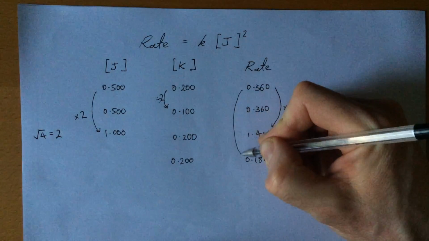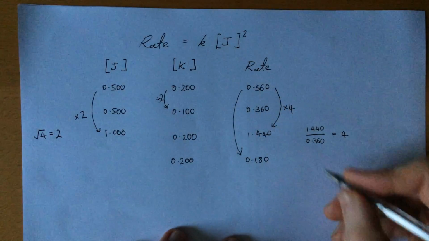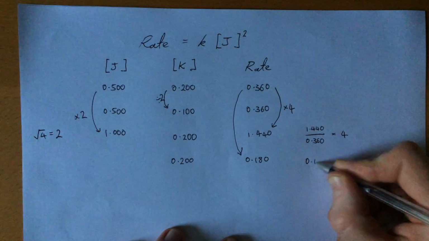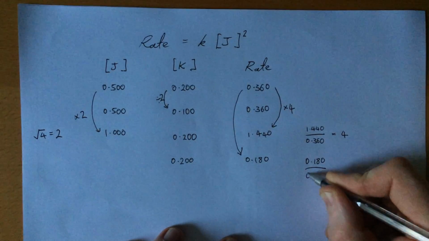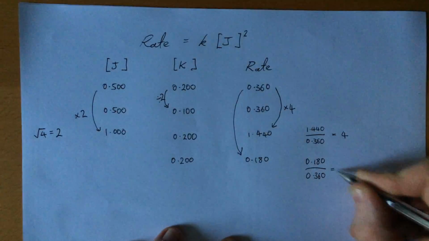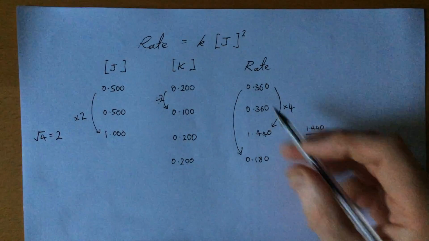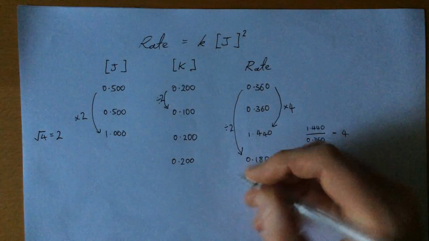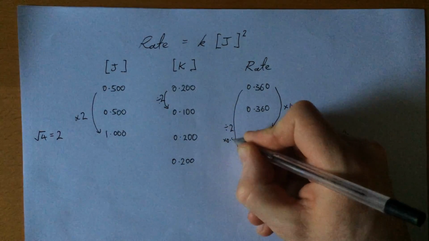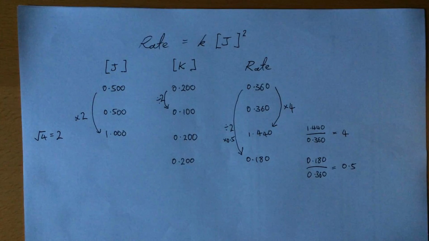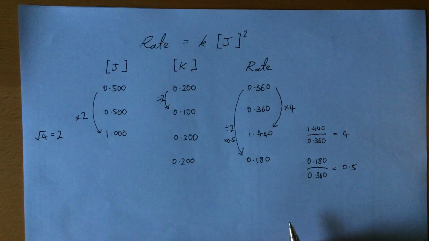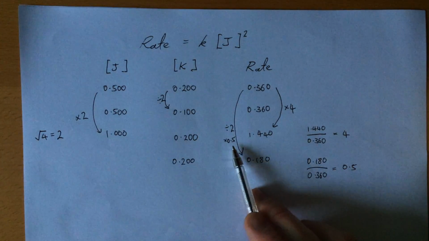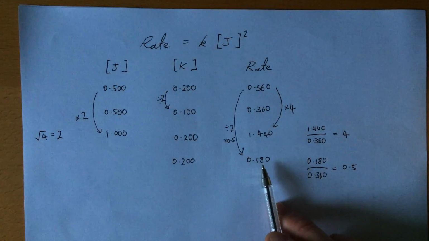Well, it's gone from 0.36 to 0.18, just in case you are wondering what that factor is, it's 0.5. So the rate is halved, divided by 2 or times 0.5, however you want to think about it. I'm going to prefer to think about it as being multiplied by 0.5.